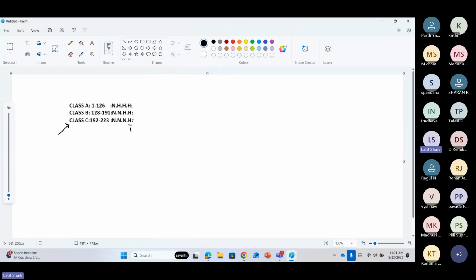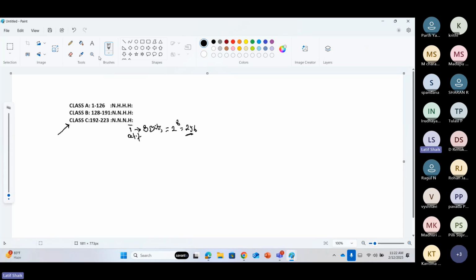This entire octet we are considering as one host portion by default. An octet means 8 bits, and 8 bits means 2 to the power of 8, which is 256.